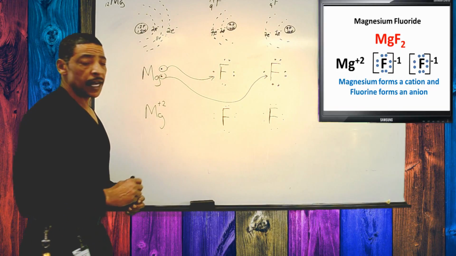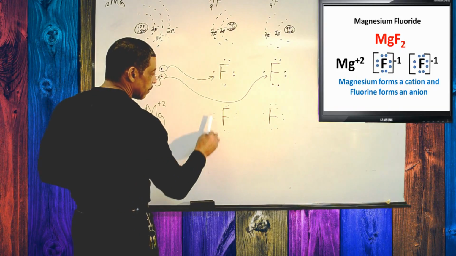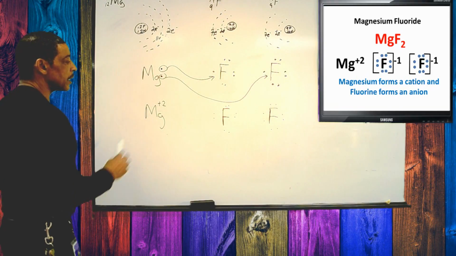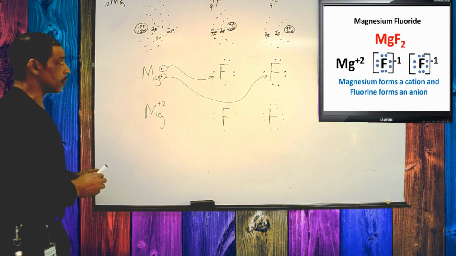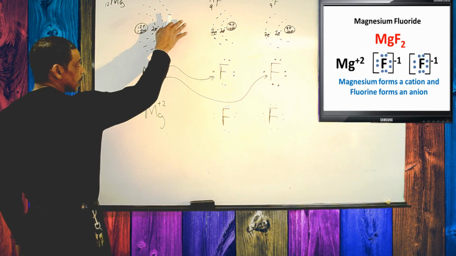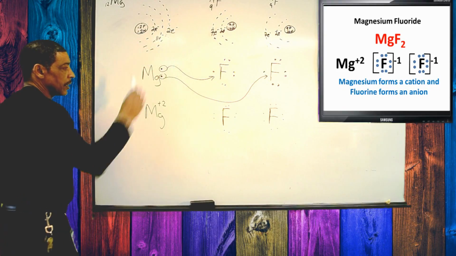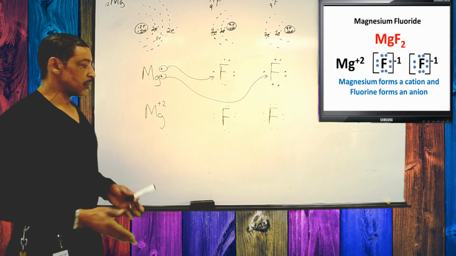Now, I say octet of electrons showing because we actually write them for the negatively charged ion. However, for the cation, it doesn't show any dots for valence electrons. However, if we now look back at the Bohr model, after losing its valence shell, the magnesium cation will indeed possess an octet of electrons as well. We simply don't write them into the structure.